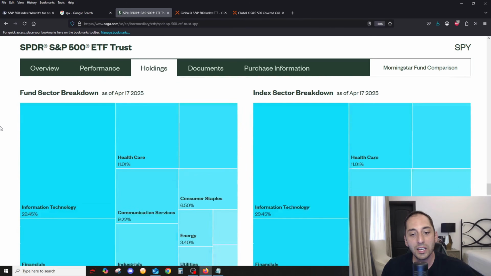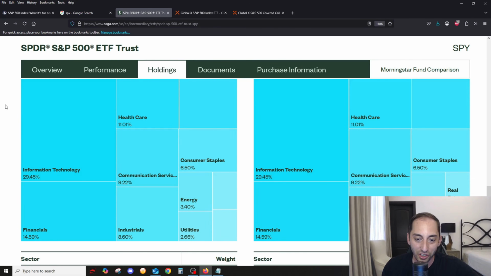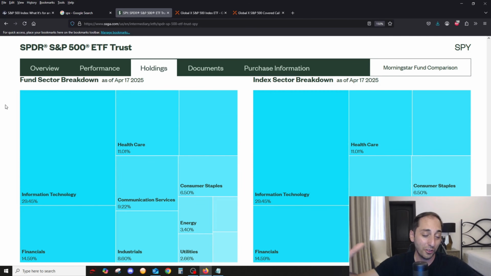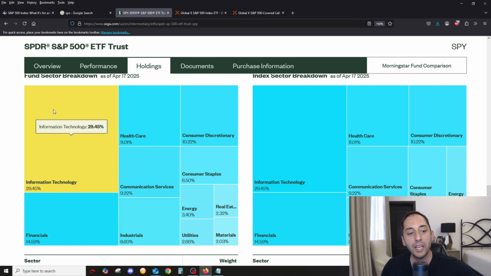And if you look at the sector, now you hear the term diversification a lot, and we're going to dig deep into it in another episode, but you basically have all 11 stock market sectors represented in the S&P 500, and you have it here.